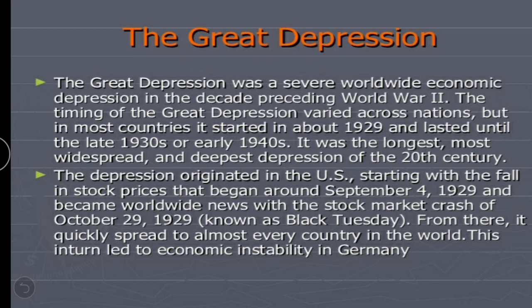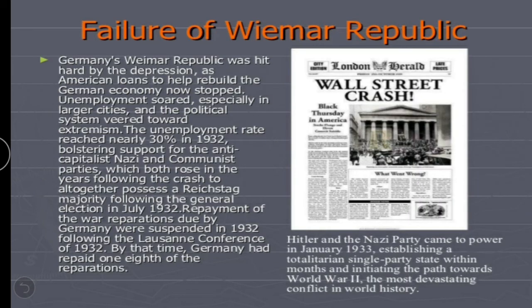The depression originated, as I have told you, in the US, starting with the fall in stock prices that began around September 4th, 1929, and became worldwide news with the stock market crash of October 29. It was also known as Black Tuesday. From there, it quickly spread to almost every country in the world, and this led to economic instability in Germany.